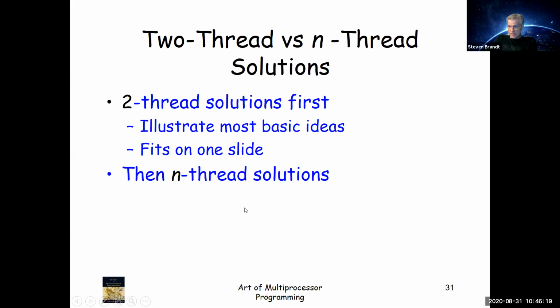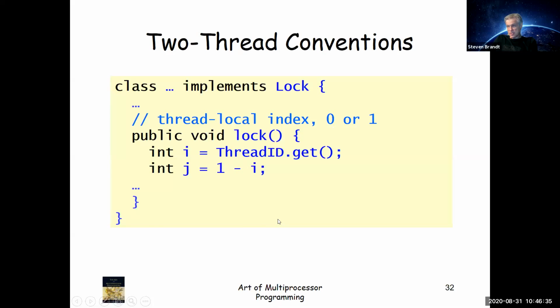There are 2-thread and n-thread solutions to creating these locks, and we're going to discuss the 2-thread solutions first because they're easiest, they illustrate the most basic ideas, and they can fit on one slide. Then we'll talk about n-thread solutions. For the 2-thread solutions, we're going to use these conventions.